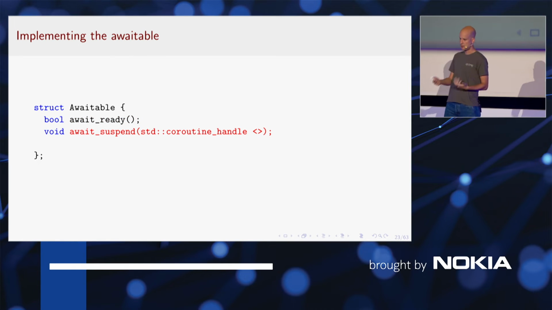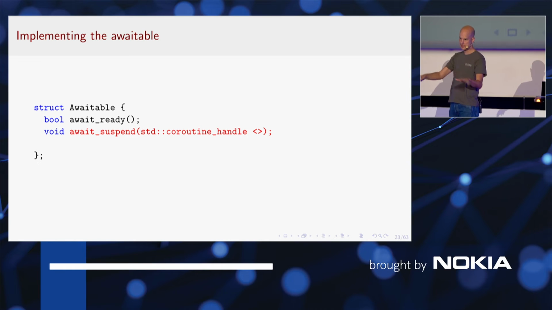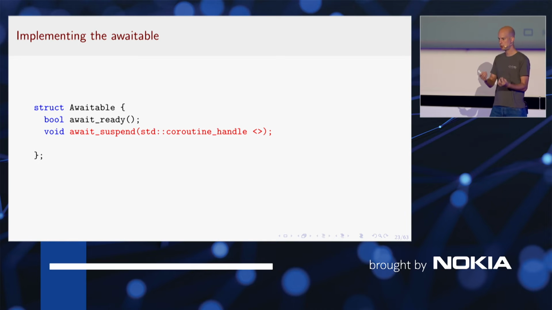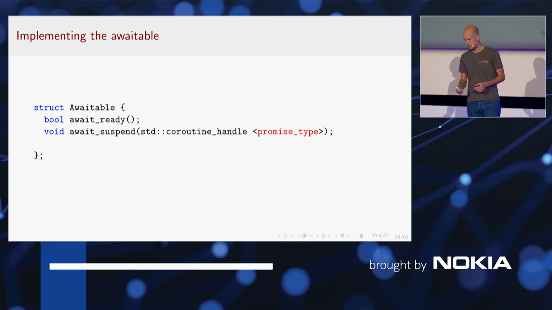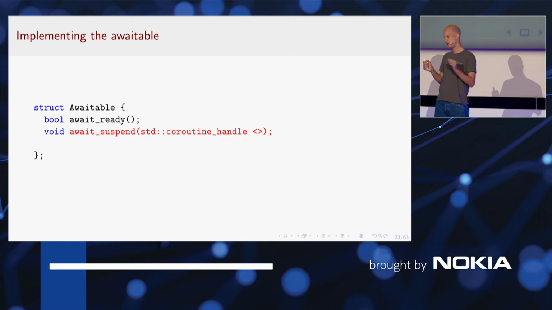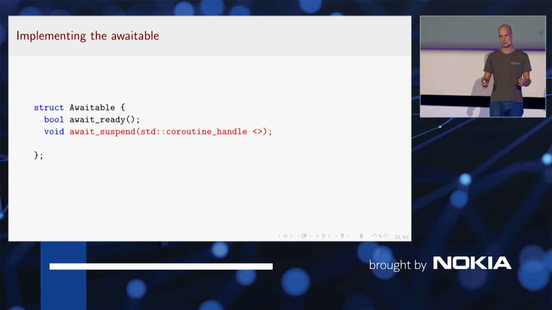The second thing, the await_suspend, is the customization point for the code that is executed right before we go to sleep. So if in the await_ready we decided, yes, we do want to suspend, then we call await_suspend. We get passed the handle to the coroutine that is just executing as an argument, and then we go to sleep. And this coroutine handle, think of that like a raw pointer to the surrounding coroutine state that is created by the compiler.